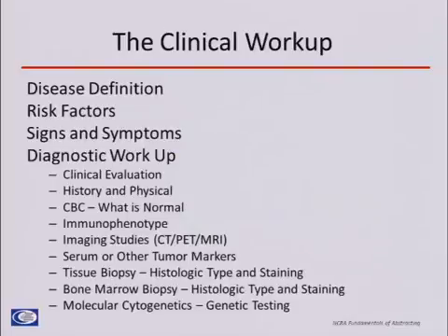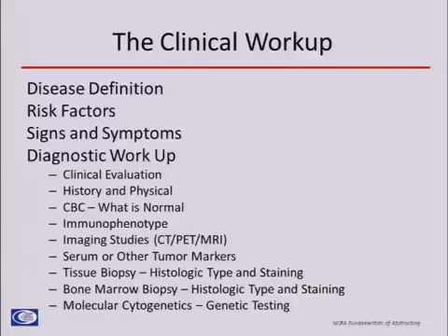So in a clinical workup, you need to know a little bit about the disease definition. It's in the database, right? So it also helps to look at risk factors and signs and symptoms. And in the latter part of our presentation, we're going to talk about myeloid neoplasms and lymphoid neoplasms, and we're going to go through risk factors and signs and symptoms.